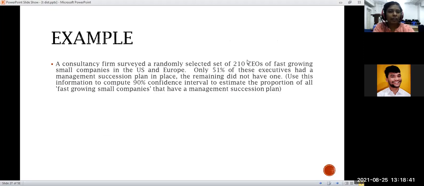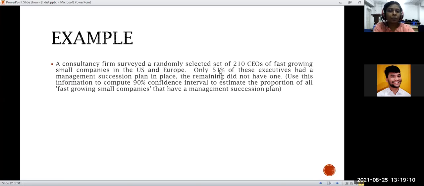Out of this 210 CEOs, only 51% of the executives. So here we are not referring to only 51 of these executives. We are not referring to any number. Instead, we are referring to a proportion or a percentage out of these total 210 CEOs of fast growing small companies. So that is why here we will make use of population proportion formula.